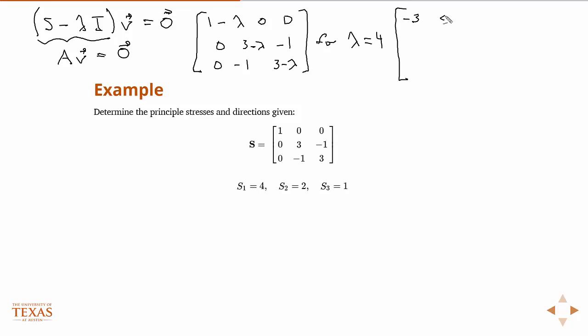Minus 3, 0, 0, 0, minus 1. So, right, 3 minus 4, yeah, minus 1. Minus 1, 0, minus 1, minus 1.